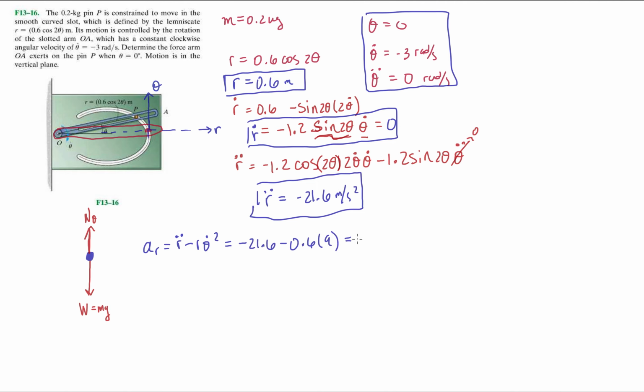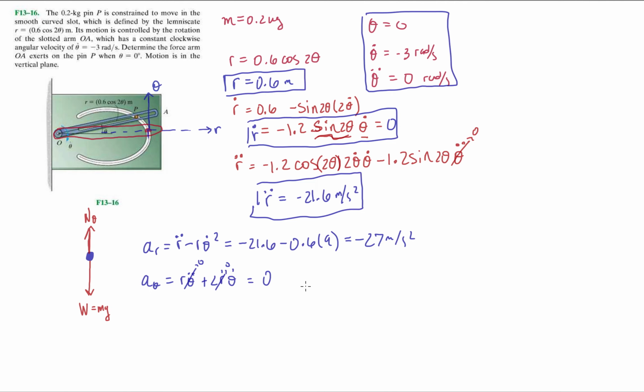This gives us minus 27 meters per second squared. For a_theta, we have r theta double dot plus 2 r dot theta dot. Theta double dot is 0, and r dot is 0, so there's no acceleration in the theta component.